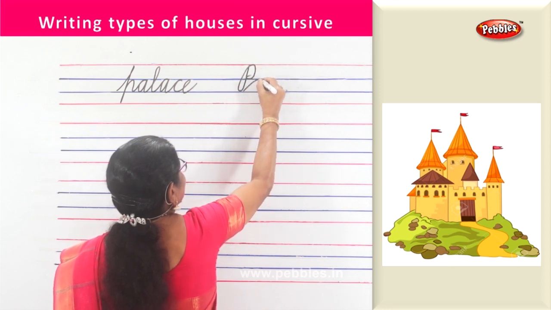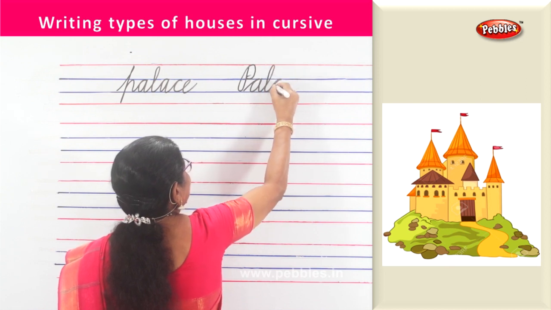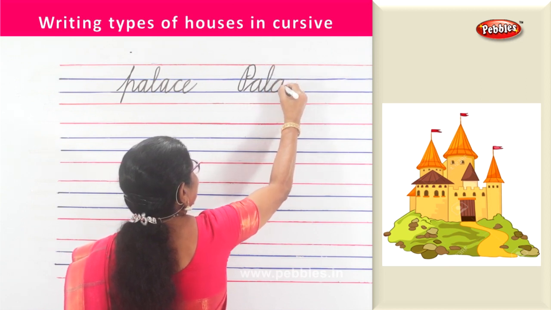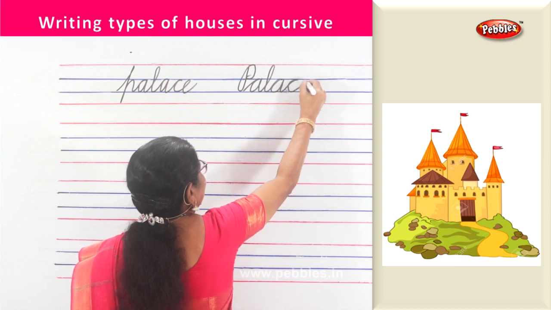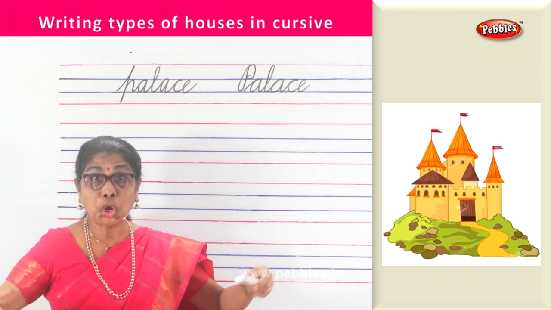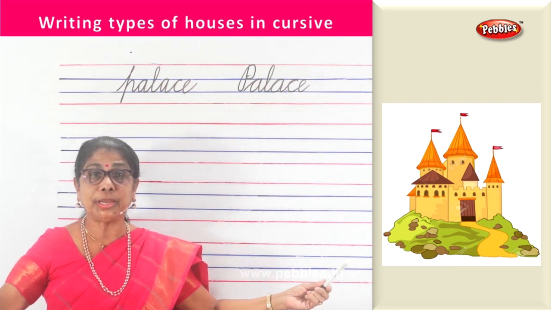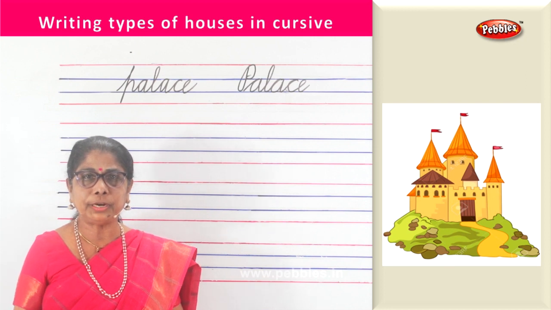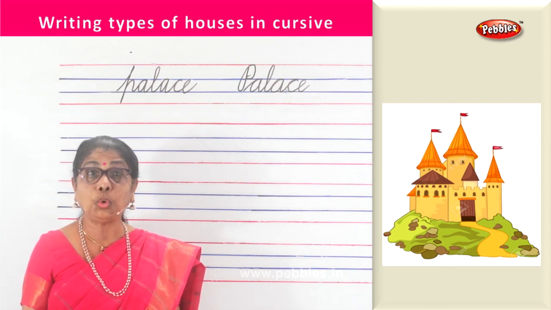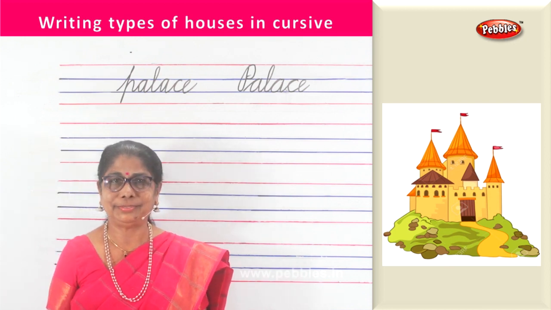P, A, L, A, C, E, palace. Palace is a huge house, huge chairs, colorful furniture, and the king and the queen, prince and princess live in it. Okay.